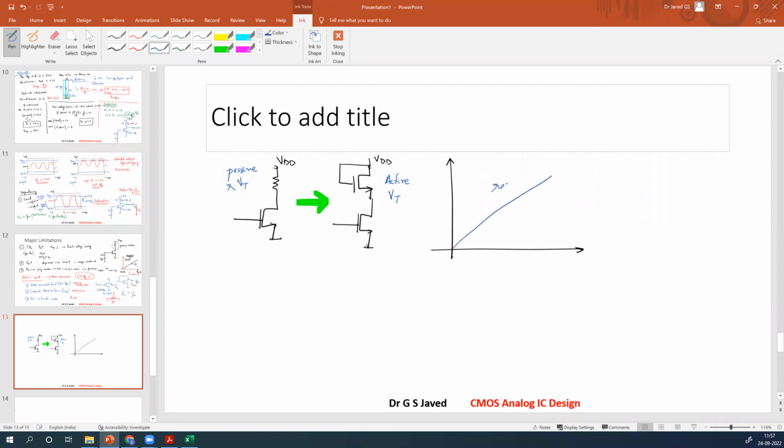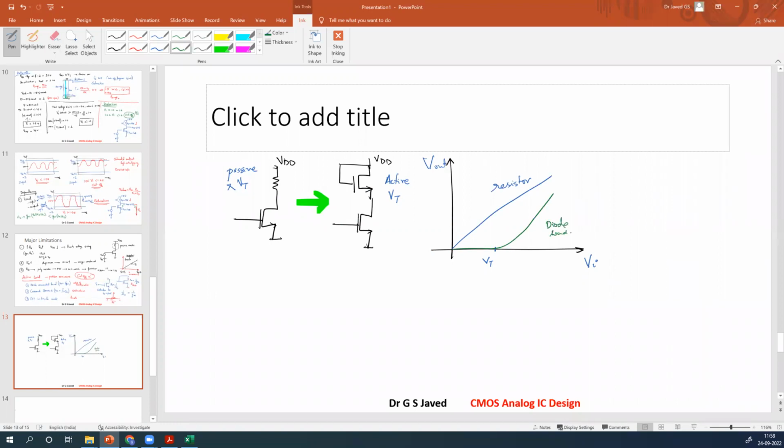This is a resistor, for V in, V out. But for a diode, we know till Vt, there is no conduction absolutely. So beyond Vt, the current increases, right? This is the diode connected load.